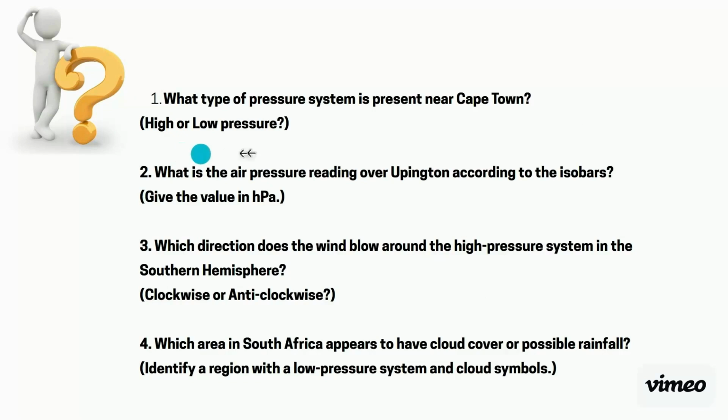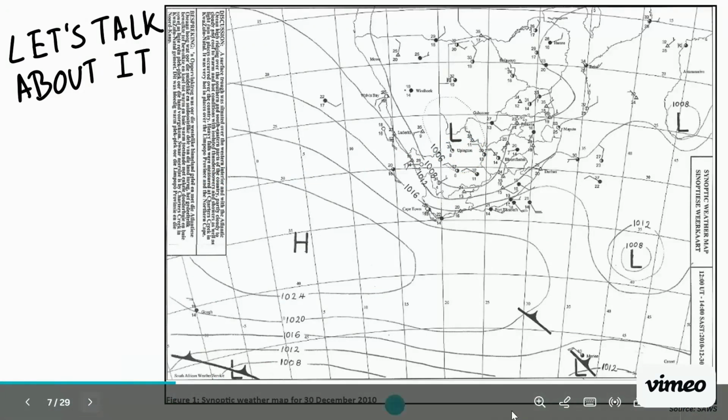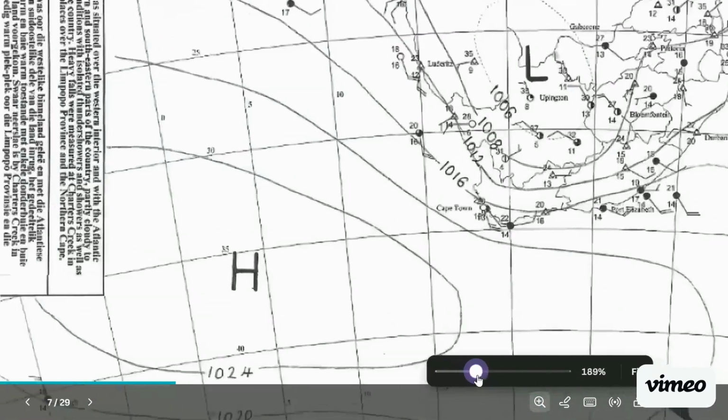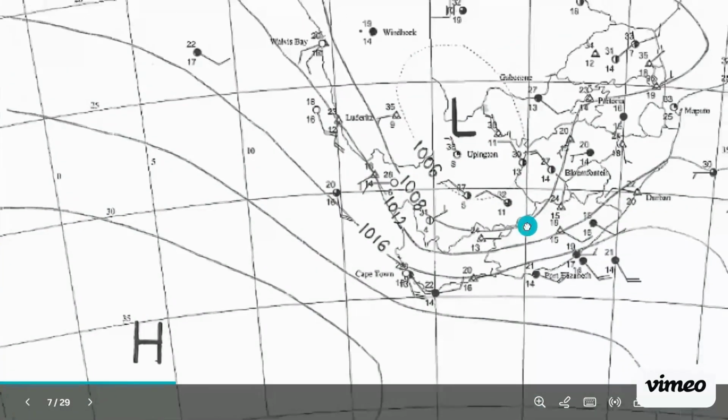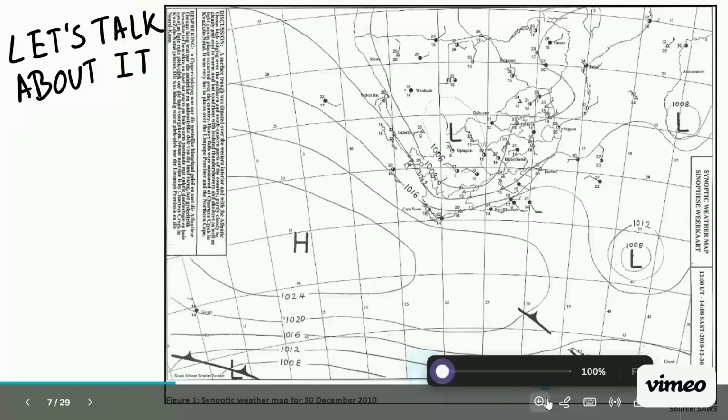Number 2, what is the air pressure reading over Upington according to the isobars? And give the value in hectopascal. So Upington is right here. Let's make this a bit bigger for you, and I'll give you a few seconds to get the hectopascal reading.